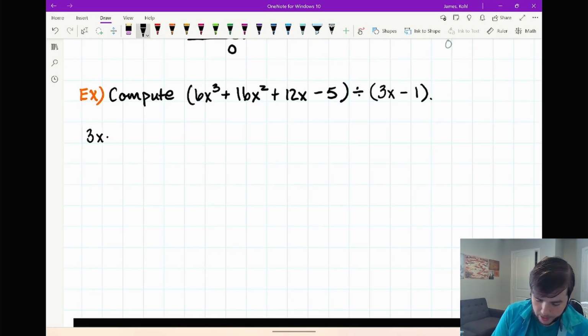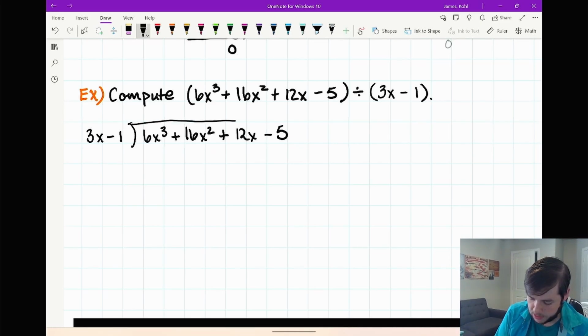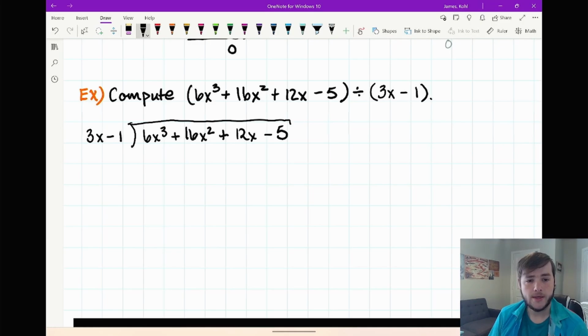Let's try this one. 3x minus 1 is going to be my divisor, and 6x cubed plus 16x squared plus 12x minus 5 is going to be my dividend. I need to ask myself, how many copies of 3x fit into 6x cubed?